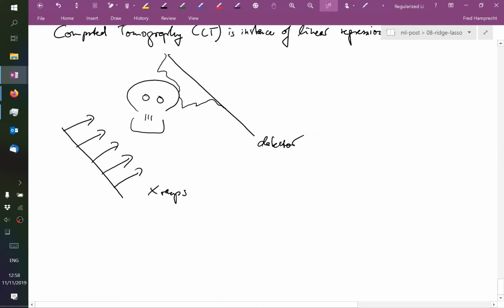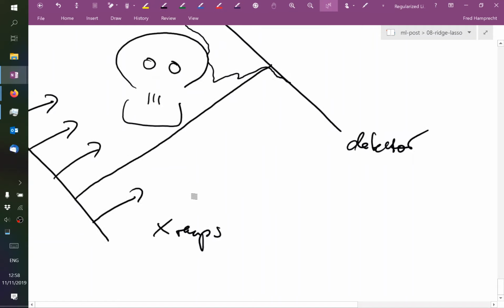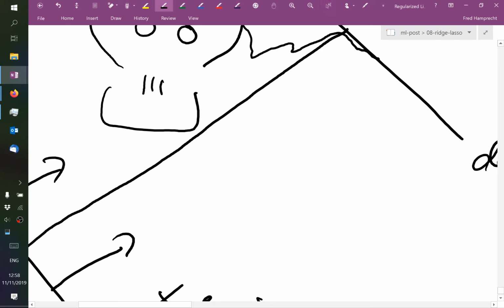Now, if we want to do a 3D reconstruction, or here a 2D reconstruction, then I need to rotate both my source and the detector in a gantry around the object of interest. And let's look at our skull in a bit more detail. Let's say I pick this X-ray here, and we want to discretize our medical image.